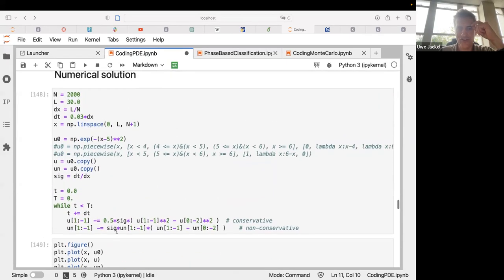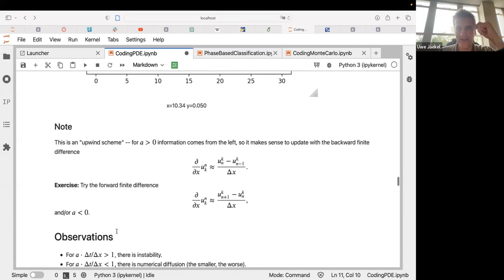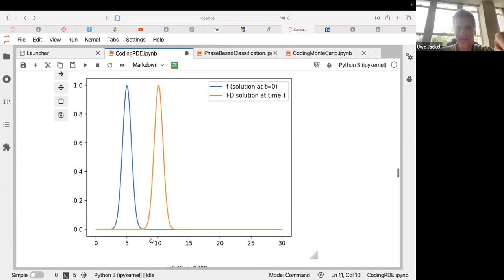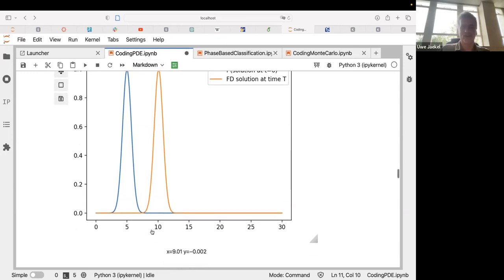We solve the same problem as before. We have the same initial condition. I also use periodic boundary conditions, but we have the same initial conditions. So we start at a time equal to 0. We start with this pulse here.